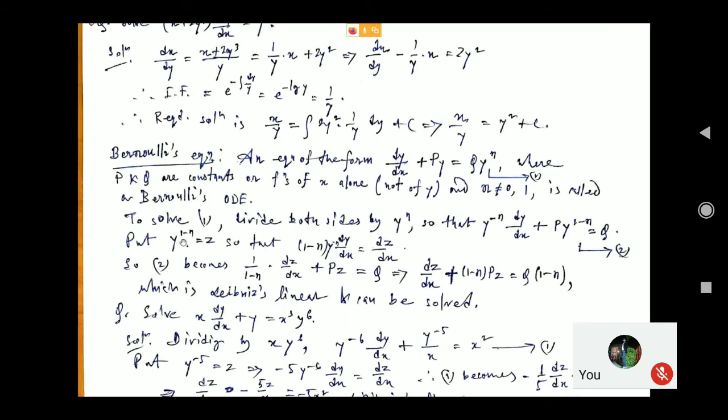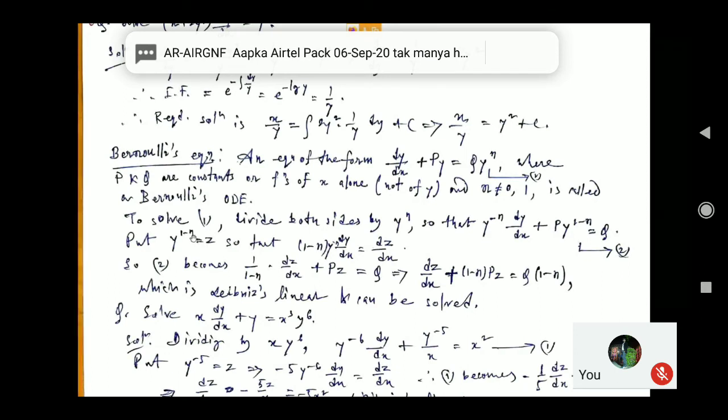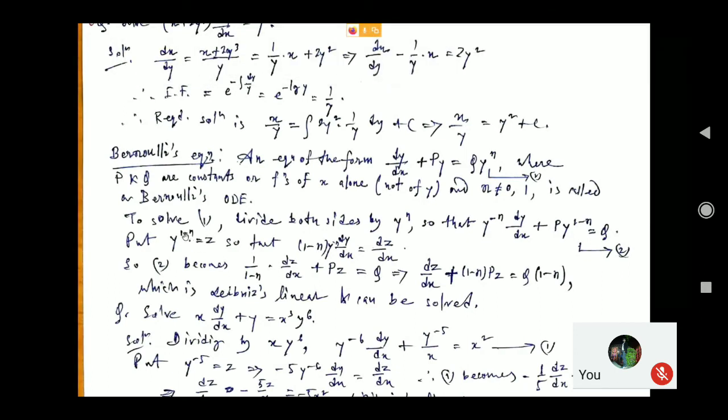We are differentiating this expression with respect to x. 1 minus n will come here into y to the power 1 minus n minus 1. So the 1 and minus 1 get cancelled. What remains? y to the power minus n. And we are differentiating with respect to x, so you will have a dy/dx here. And on the right hand side, you have dz/dx.